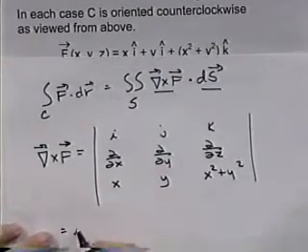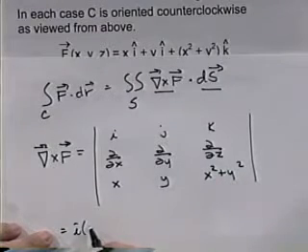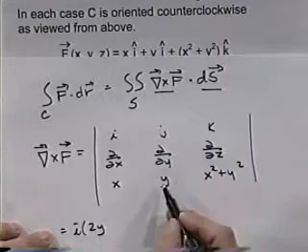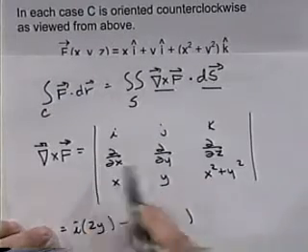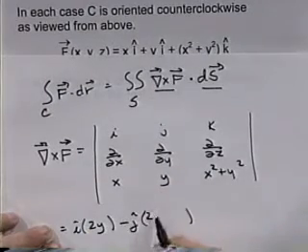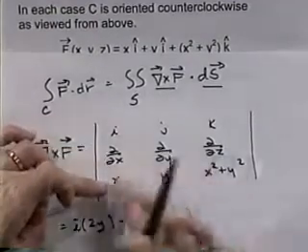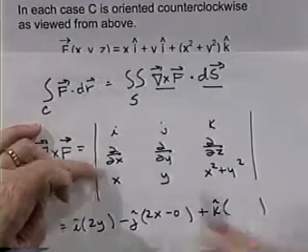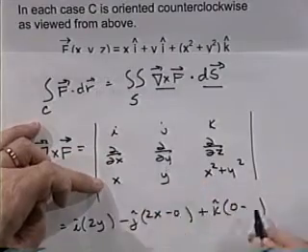Okay, and if we do that, we get i times partial with respect to y is going to be 2y, minus partial of y with respect to z is 0, minus j times partial with respect to x of x squared plus y squared is 2x, and partial with respect to z of x is 0, plus k times partial with respect to x of y is 0, partial with respect to y of x is 0.